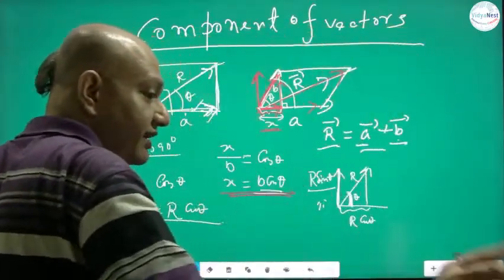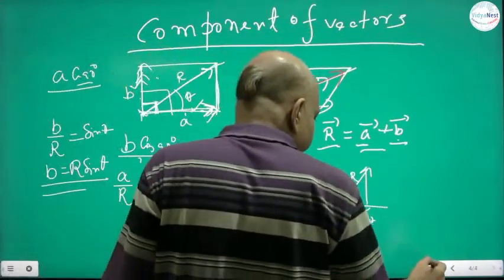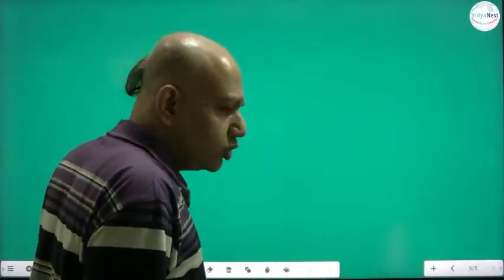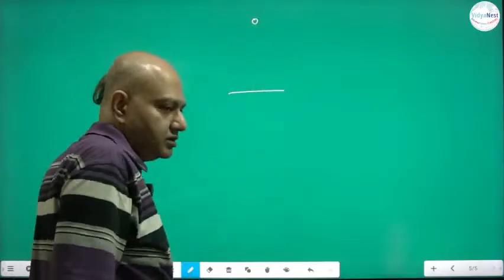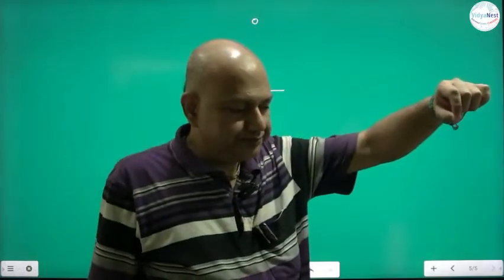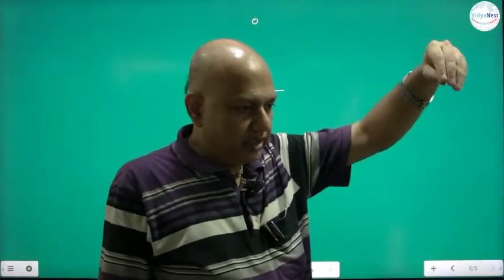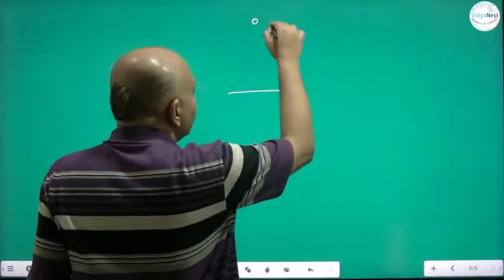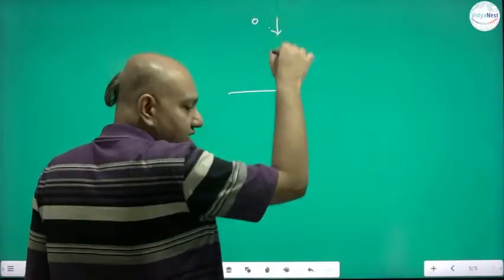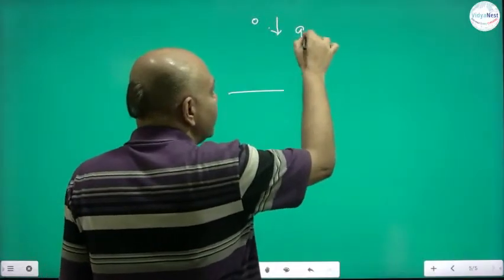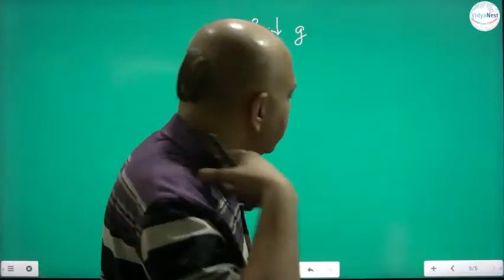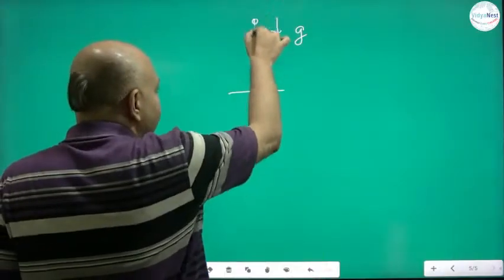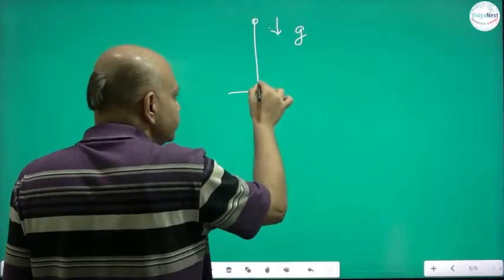Now see, I am going to give an example from here. Okay. Acha Saurabh, you know, whenever I am going to release an object from a top point, at a certain height, what is the acceleration with which it comes down? Acceleration due to gravity, g. Yeah, very good. So now it is coming down and striking the ground.